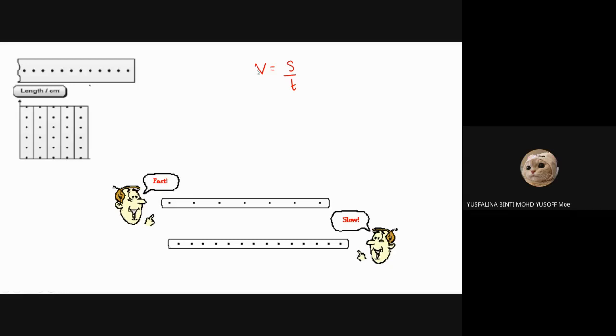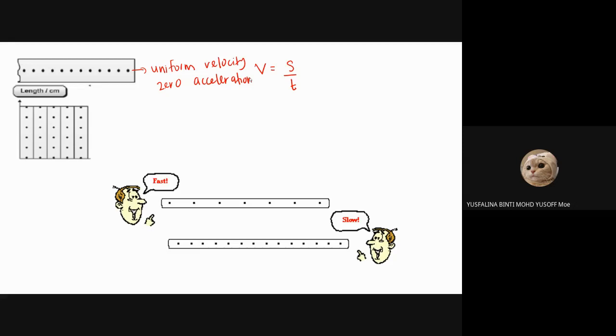So this one is a uniform velocity, or sometimes we call it zero acceleration.